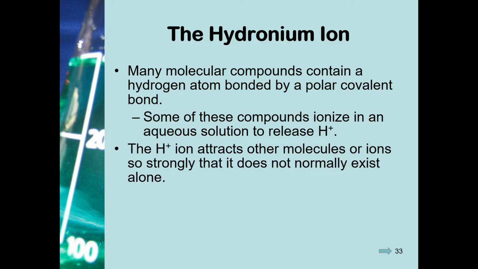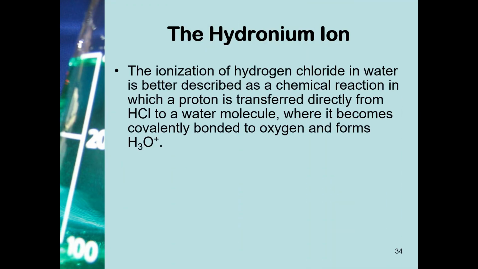And that hydrogen ion attracts other molecules or ions so strongly that it does not normally exist alone. So even though we wrote it as HCl separating to a hydrogen ion and a chloride ion, in reality, you wouldn't find them in the solution. They normally don't exist alone. So the ionization of the hydrogen chloride in water is better described as a chemical reaction in which a proton is transferred directly from the HCl to a water molecule. So let's think about that hydrogen ion.